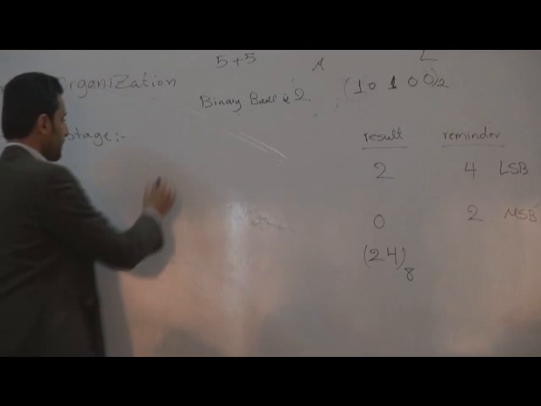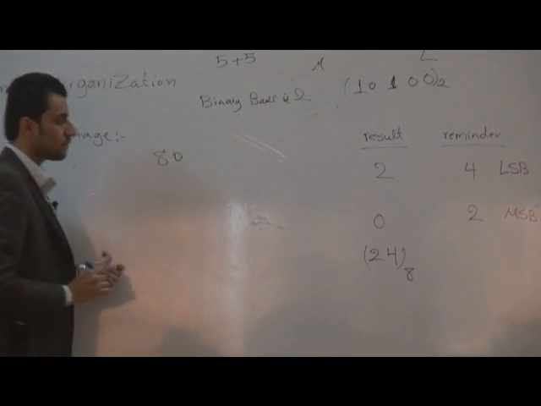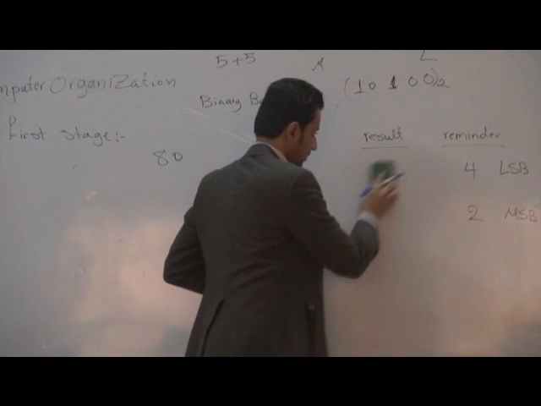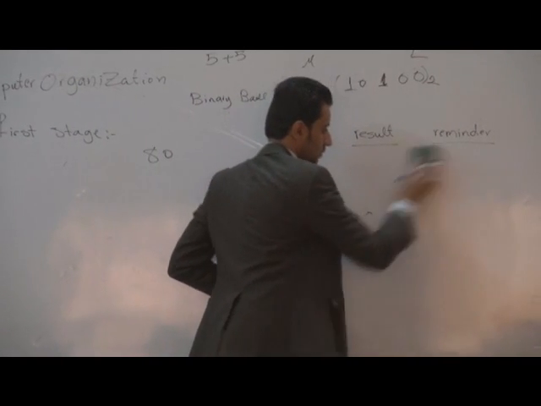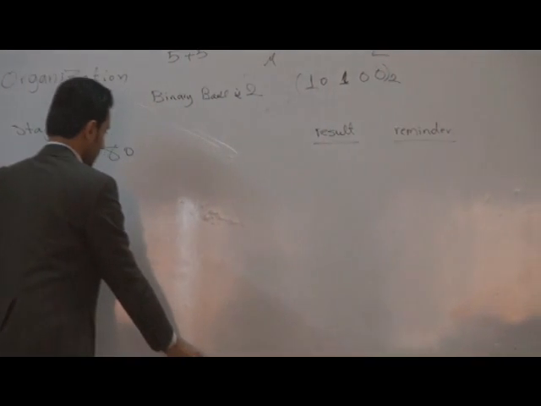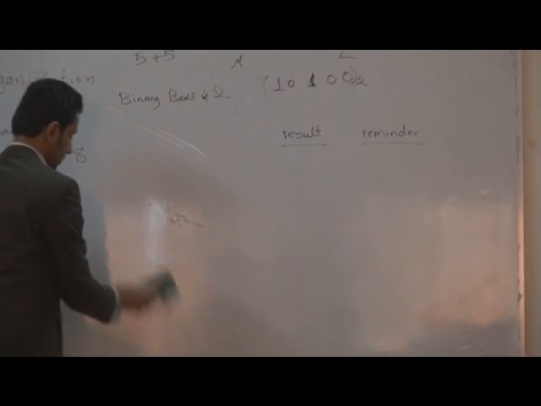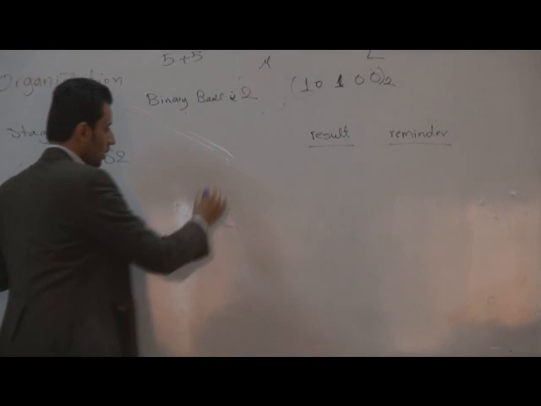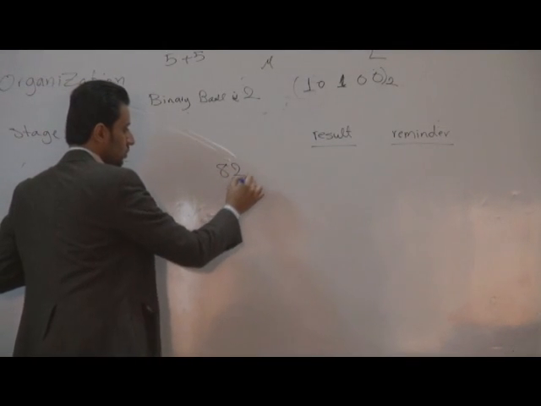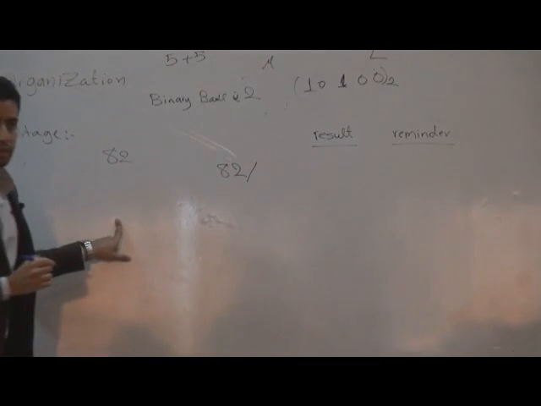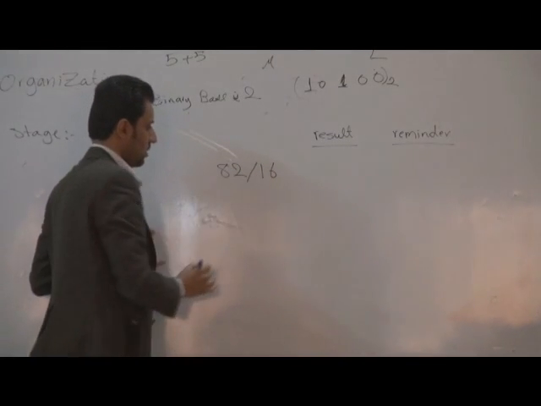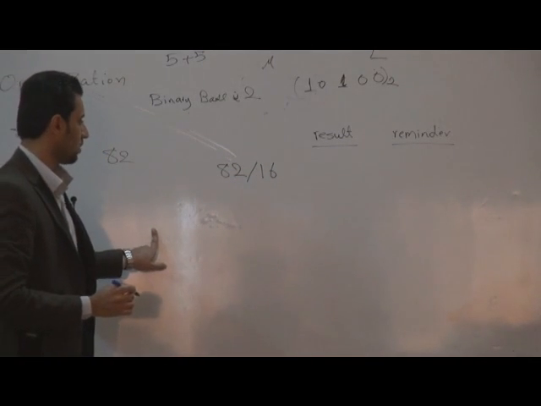Let's say 80. Divided by the base of hexa, which is 16. I'm confused now.